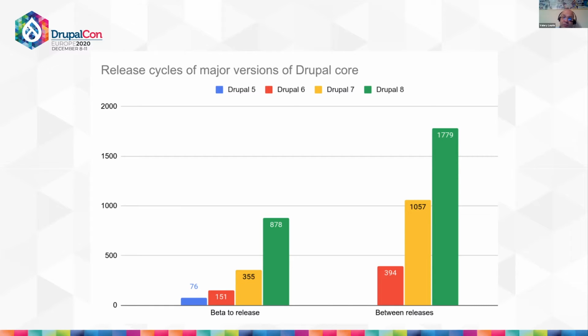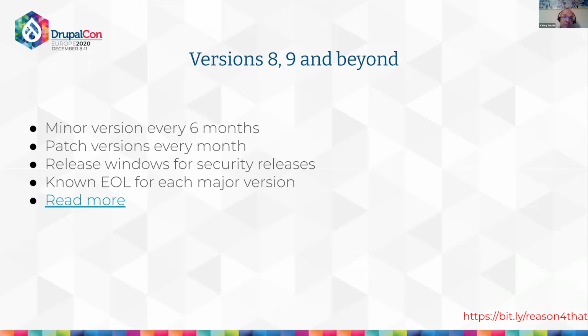that was made by this approach. So luckily, starting from Drupal 8, the Drupal community, the Drupal core team, have adopted a new system. And now we can know for sure when the next major and minor version of Drupal core will be released. So we have a minor version every 6 months.